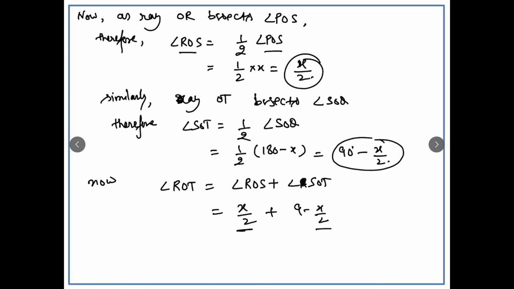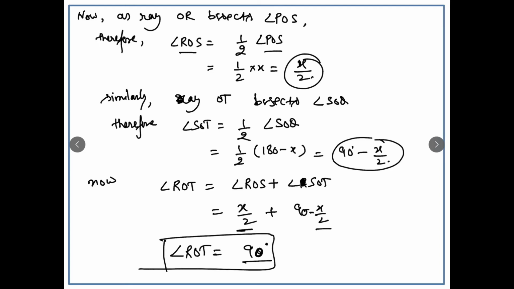This plus x by 2 and minus x by 2 will cancel out, so what remains here is 90 degrees. So the answer of this question is angle ROT is equal to 90 degree. That's the solution of example number 2.